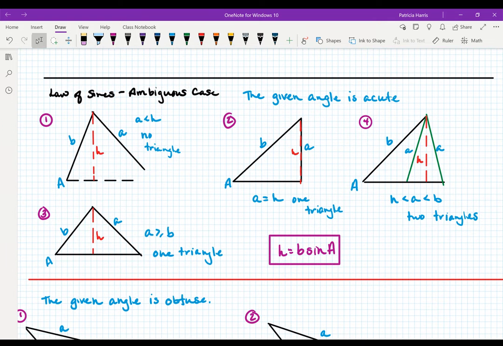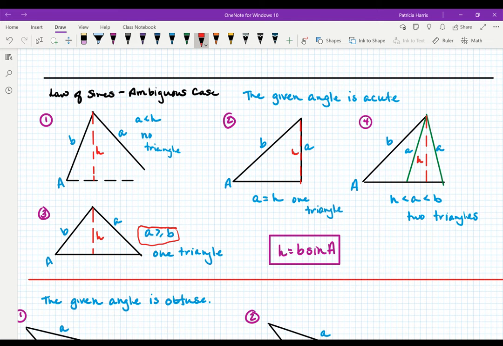So B is 12, so B is less than A. Hey, look, this one. So that tells me I have one triangle. Now take a look at this situation where you have two triangles.